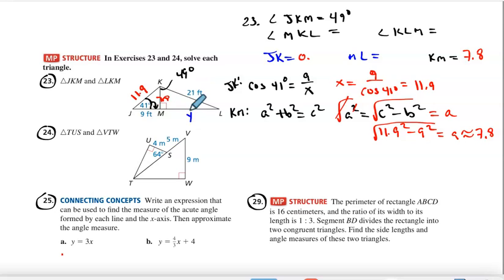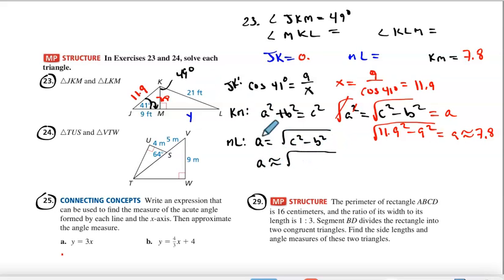Now I can solve for ML, which is my y, because I have 7.8 and 21, so I'm going to use the same formula here. So for ML, a is equal to the square root of c squared minus b squared. My hypotenuse here is 21, and this is my 7.8.